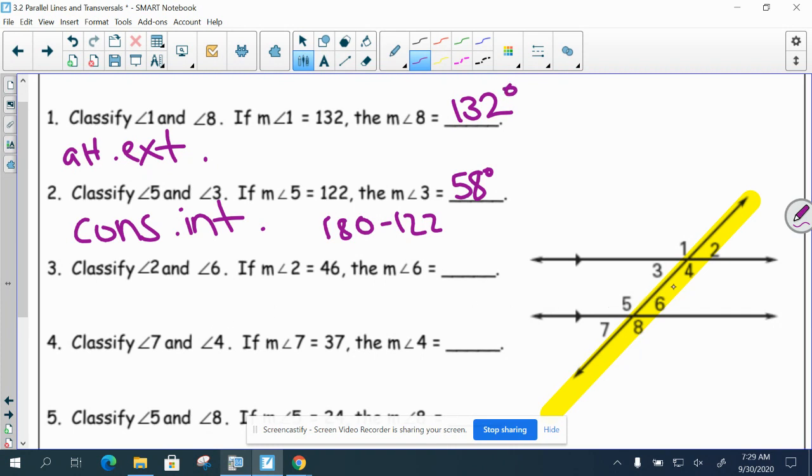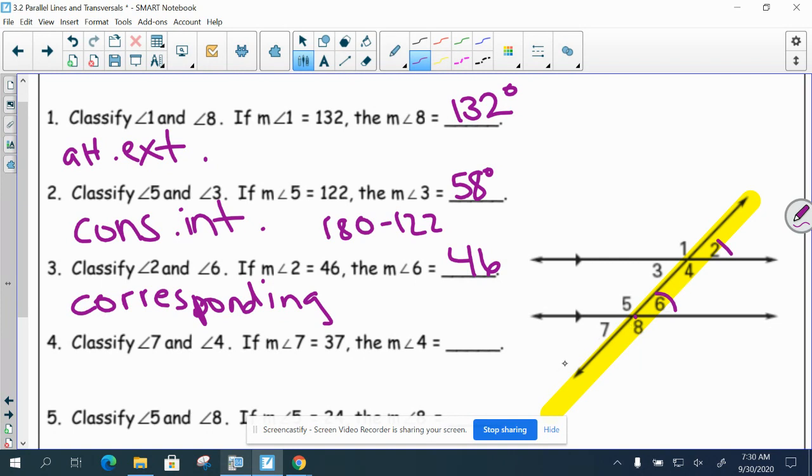Classify 2 and 6. So 2 and 6 would be corresponding because they're in the same position relative to the vertex point, both above the parallel line and to the right. So corresponding. Corresponding angles are congruent, so this would also be 46. 7 and 4. So 7 and 4 are actually neither. One is interior, one is exterior, and they're on opposite sides of the transversal.